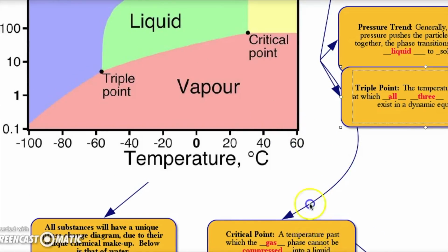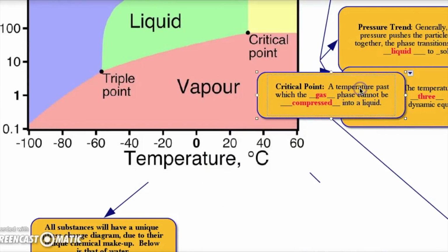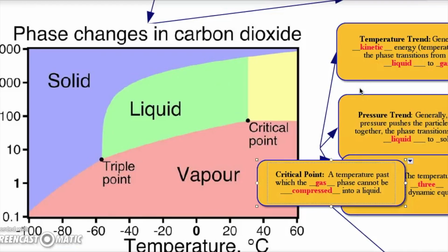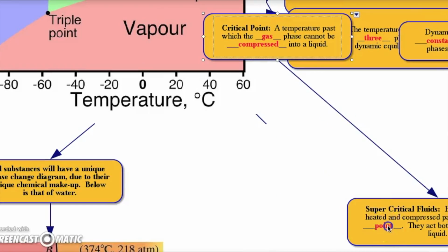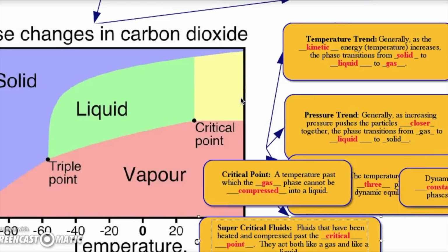And this is a temperature where if you get past that temperature, you cannot compress the gas into a liquid. So here with carbon dioxide, if we get above about 35 degrees Celsius, even if we have a gas, we will not be able to compress it into a liquid. And we call those supercritical fluids.